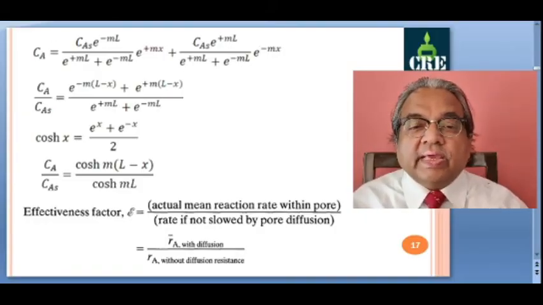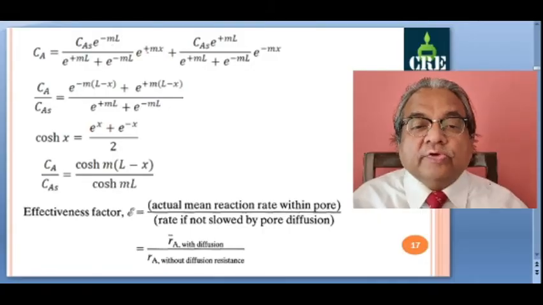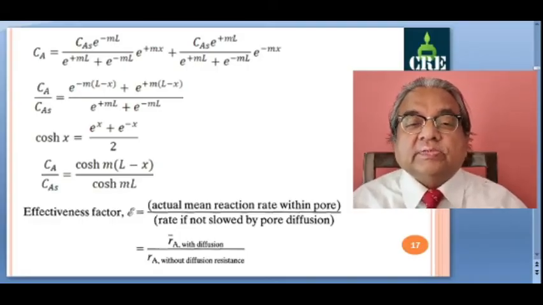So if I take this CAS common and transfer on this side, I can write Ca by CAS. Denominator is same written here, and this plus this. So e raised to minus ml into e raised to mx. So minus ml plus mx, we can write as e raised to minus m into bracket L minus x.